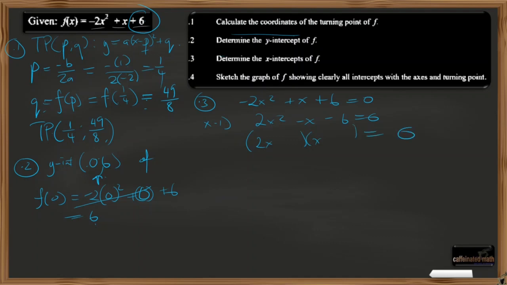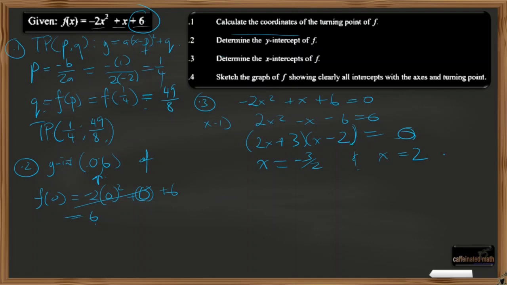It's all equal to 0, of course, which gives us the factors 2x plus 3 and x minus 2. Feel free to use the quadratic formula as an alternate option. So x is equal to negative 3 over 2 and x is equal to 2.